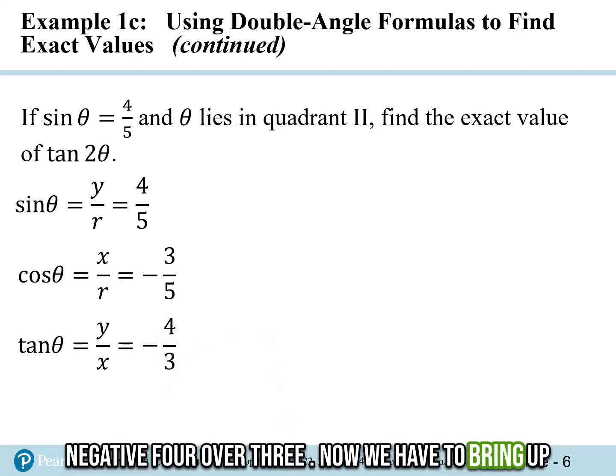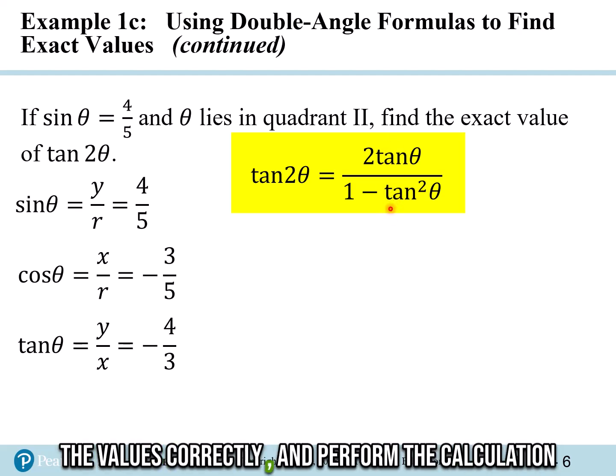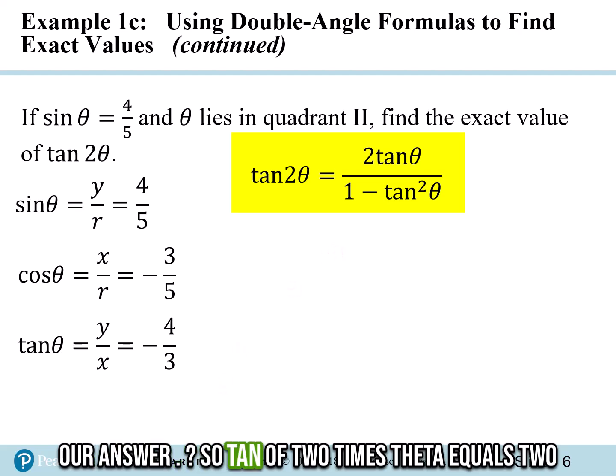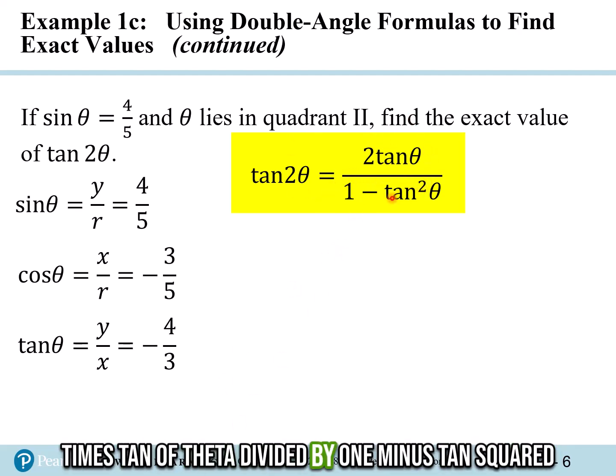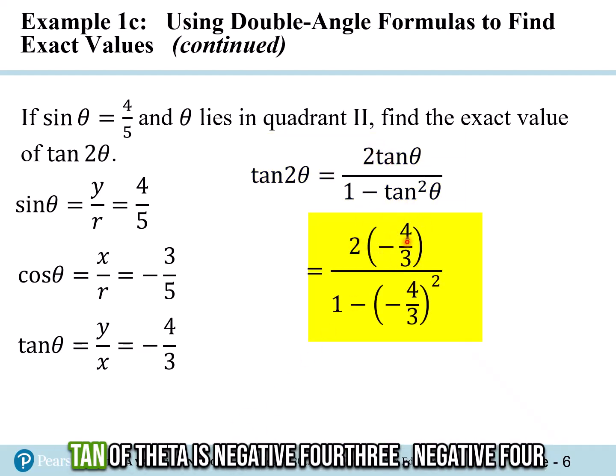Now we have to bring up our formula for tan of 2 times theta and plug in the values correctly and perform the calculation to get our answer. So tan of 2 times theta equals 2 times tan of theta divided by 1 minus tan squared theta. So plug in the values, there's 2, and then tan of theta is negative 4/3.